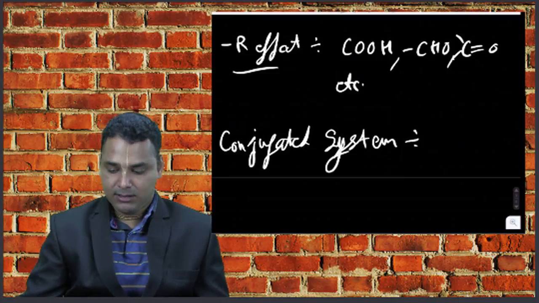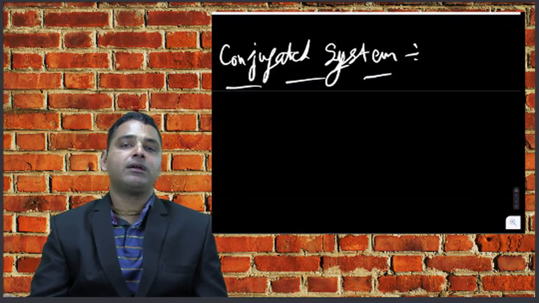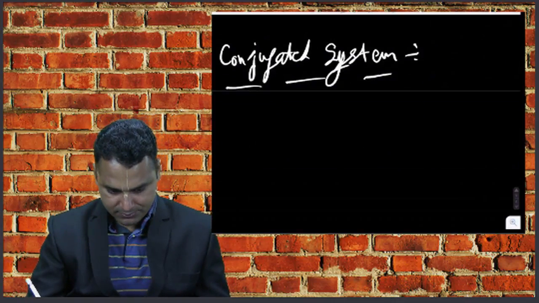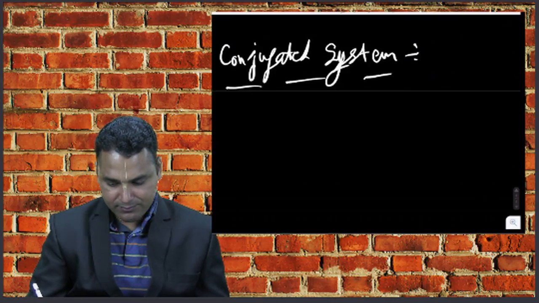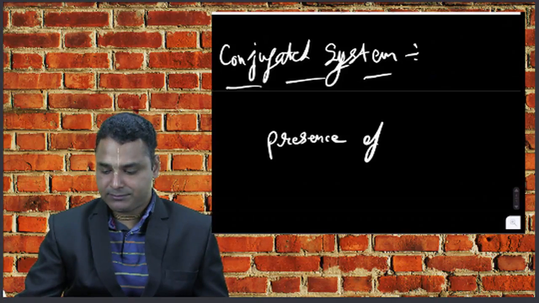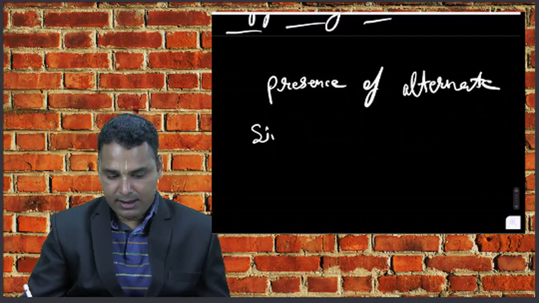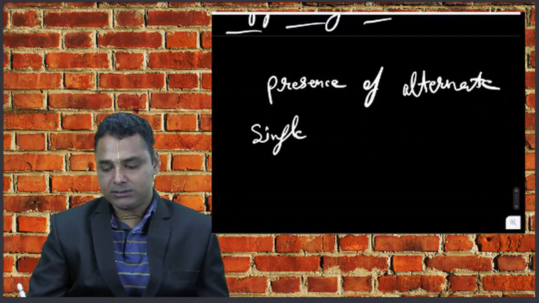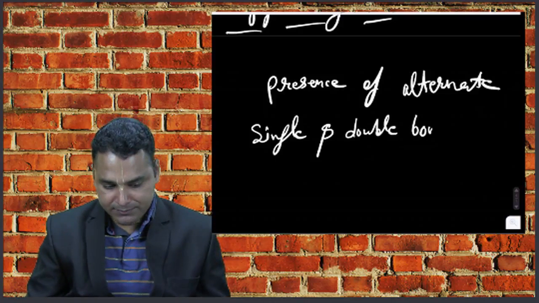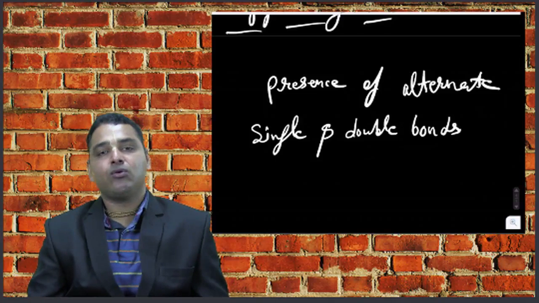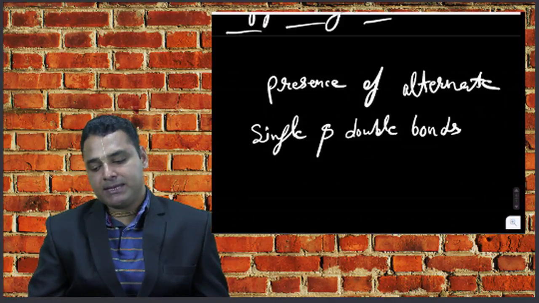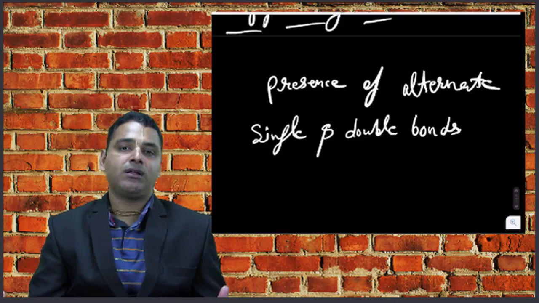It is nothing but the presence of alternate single and double bonds. In an open chain or in a cyclic system, when the presence of alternate single and double bonds is there, this is called a conjugated system.